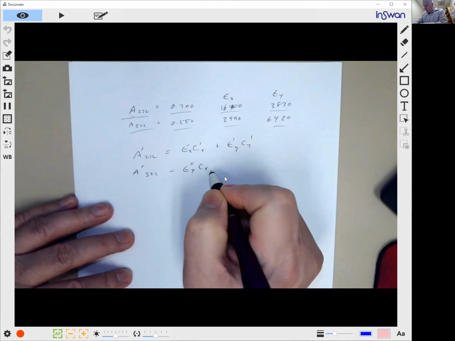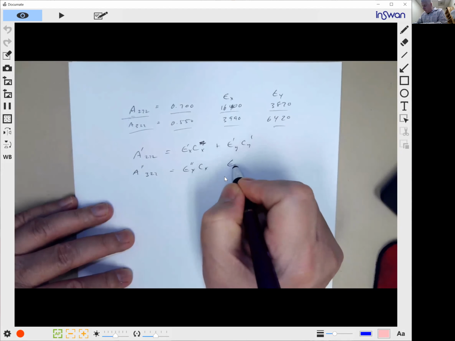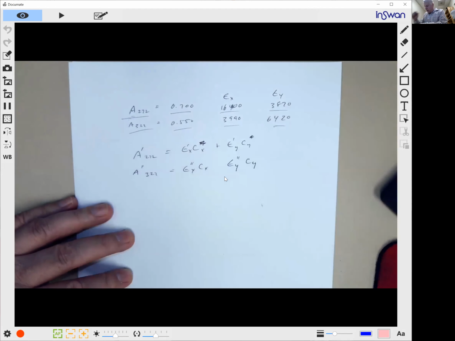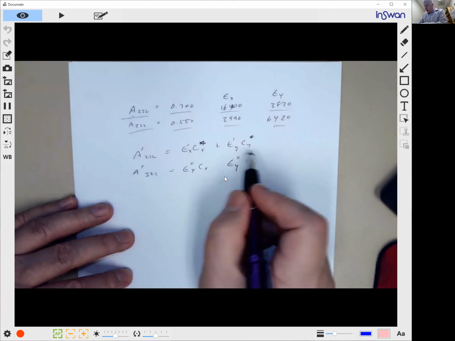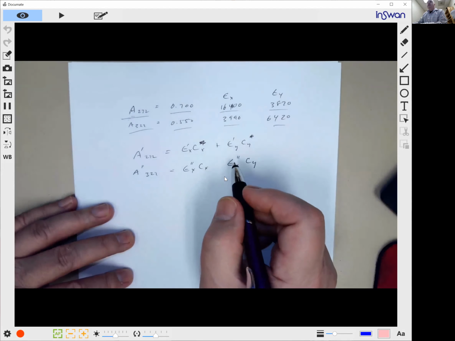Oops, there's no prime on the x or the y concentrations. The cx and cy are simply what they are. They don't depend on where you measure them, right?